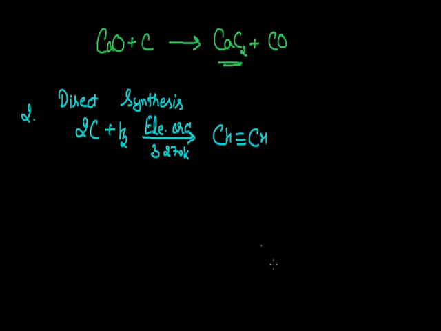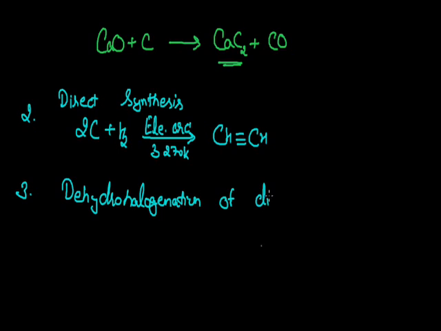Now there is one more method to prepare this, if we go for the dehydrohalogenation of dihalides. So by the dehydrohalogenation of dihalides, this acetylene can be prepared. In the starting, if I take a vicinal dihalide with the formula CH2 single bond with a halogen, and here I am taking vicinal dibromide, that is Br, connected with another CH2 group, and at the adjacent carbon atom one more halogen is there.